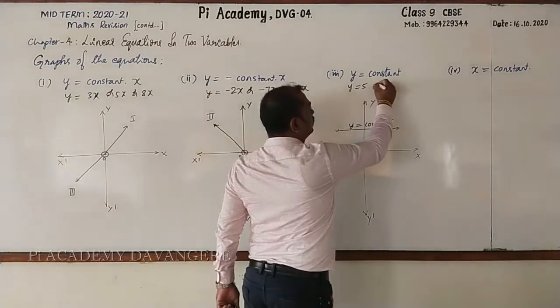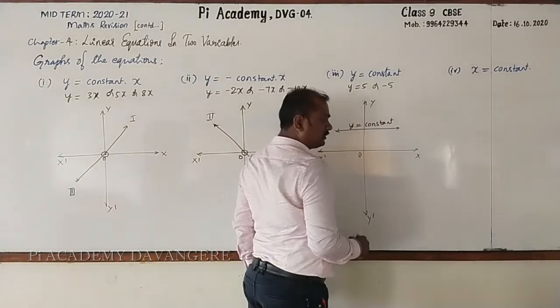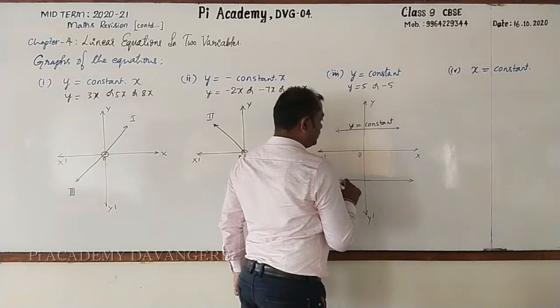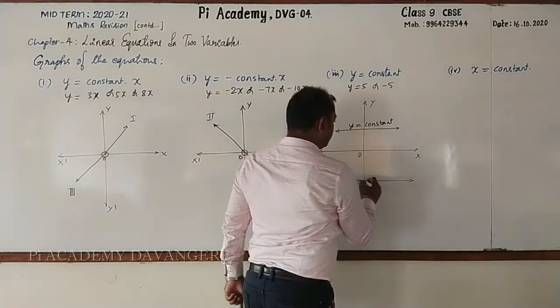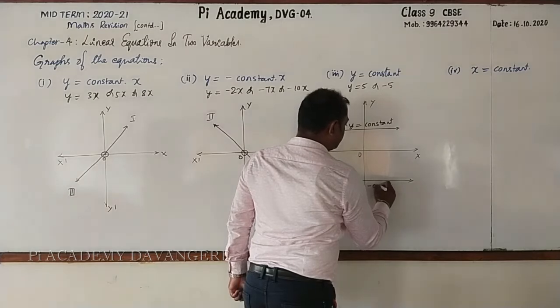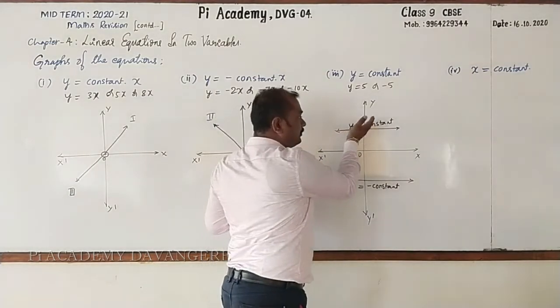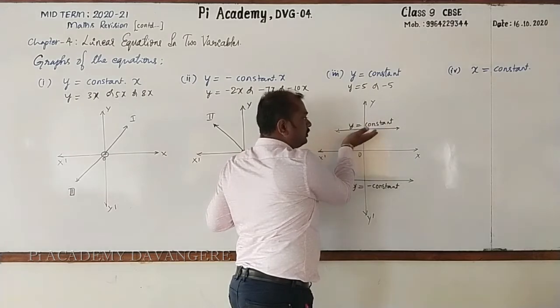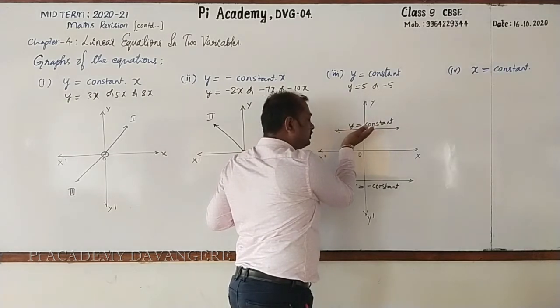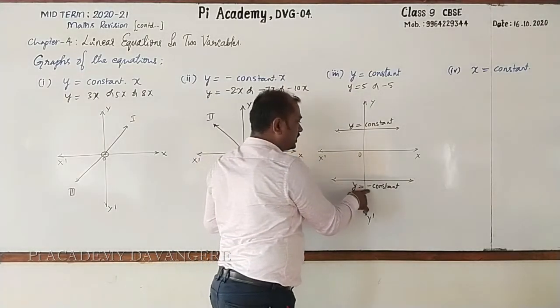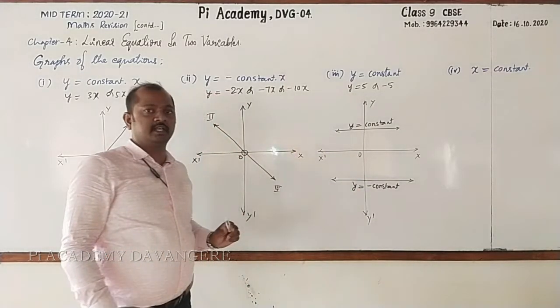If y equal to minus constant, then again it will be parallel to the x-axis only. But the only difference is, if the constant is positive, the graph of the equation will be above the x-axis. If it is negative, it will be below the x-axis.